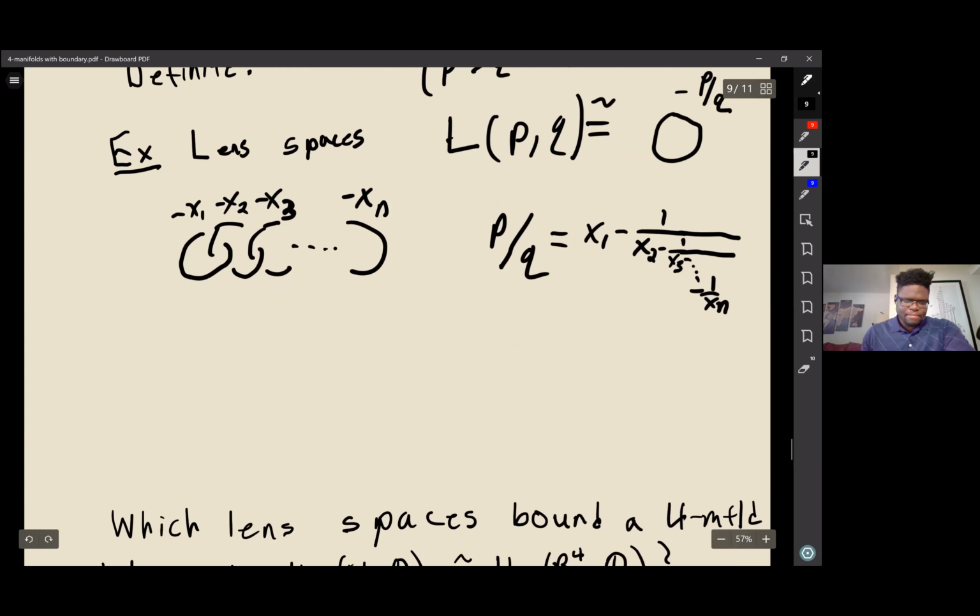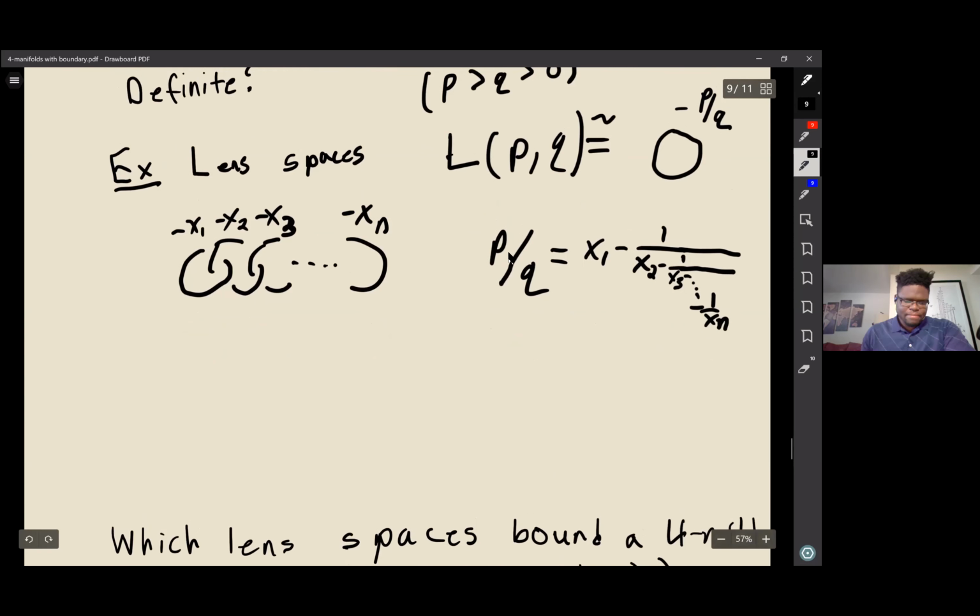If I can find a way to make sure that my continued fraction expansion of p over q gives me a negative definite four-manifold, then I'm in the clear.